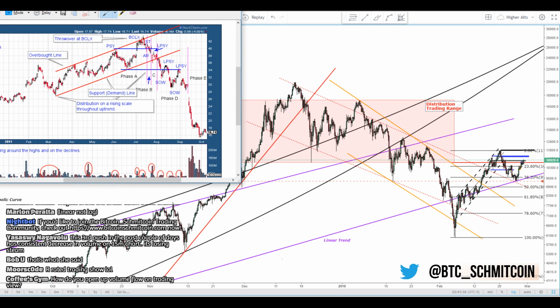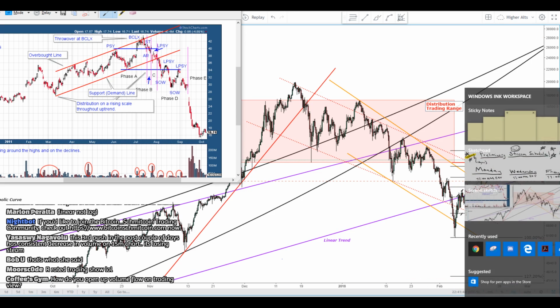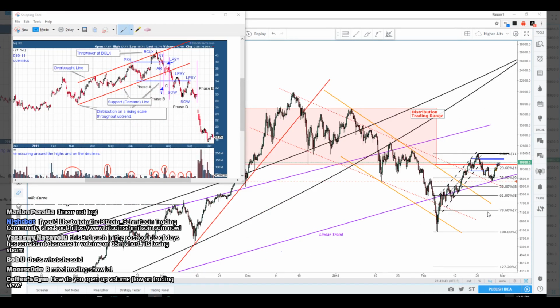Okay. So if we look at this example right here, here's an example of Netflix a few years ago, where we see the preliminary supply again, the buying climax, the up thrust, and then the last point of supply, and so on and so forth.